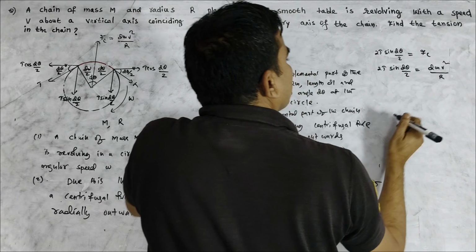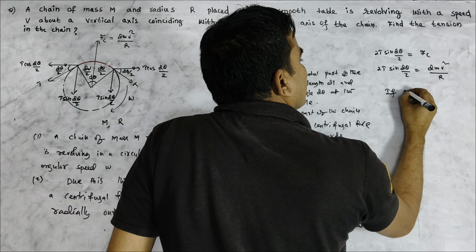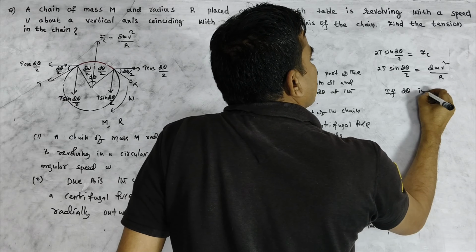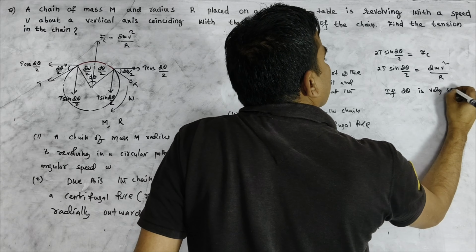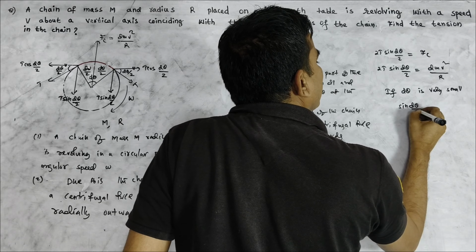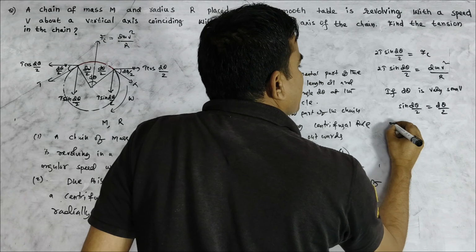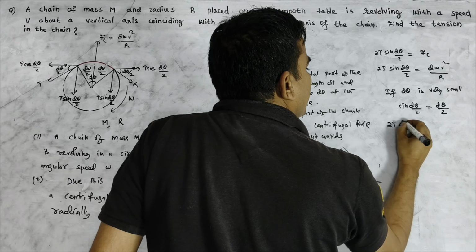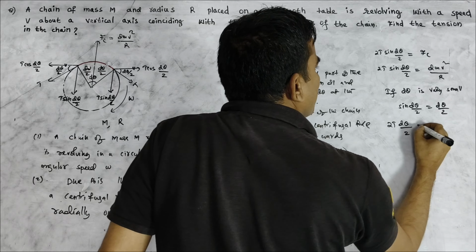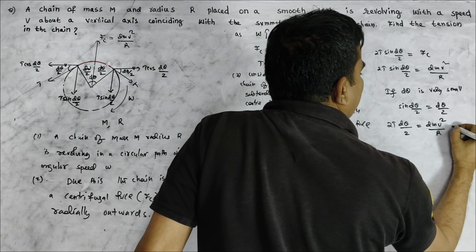If d theta is very small, we can write sin d theta by 2 is equal to d theta by 2, so that the formula becomes 2T d theta by 2 is equal to dm v square by r. Let it be equation second.